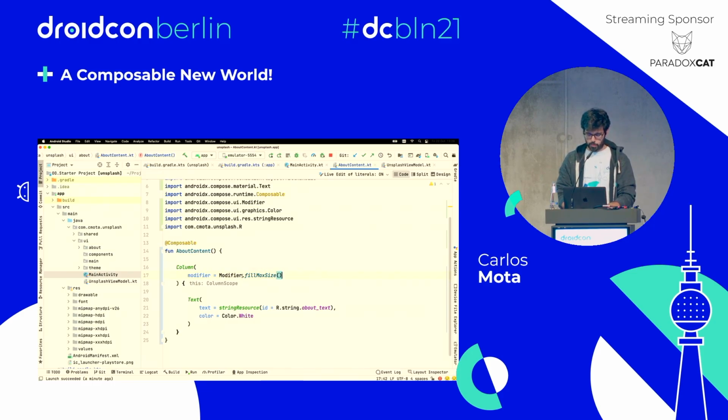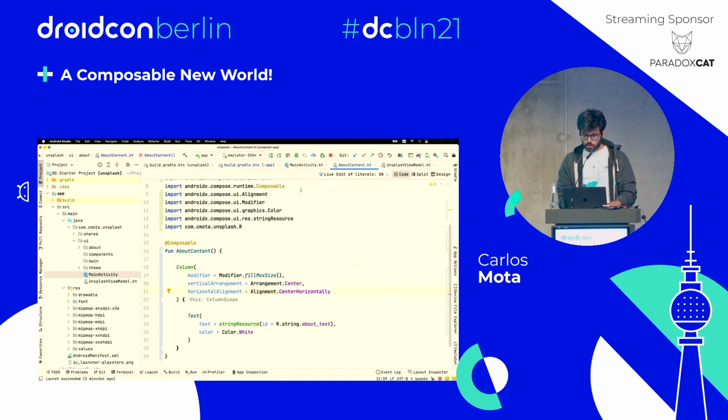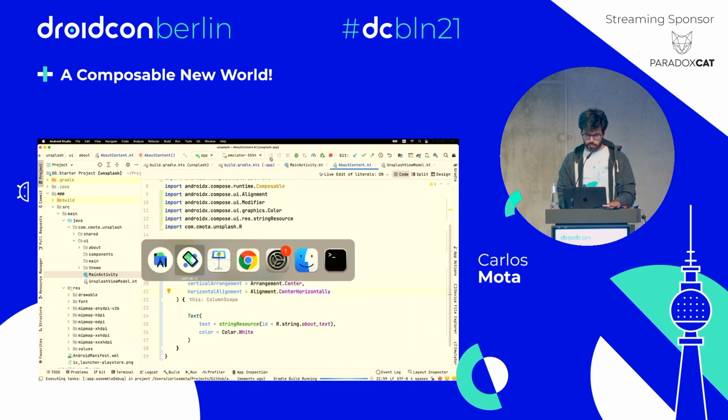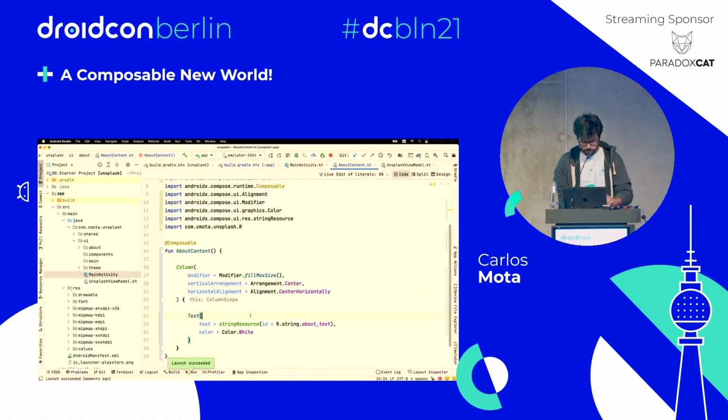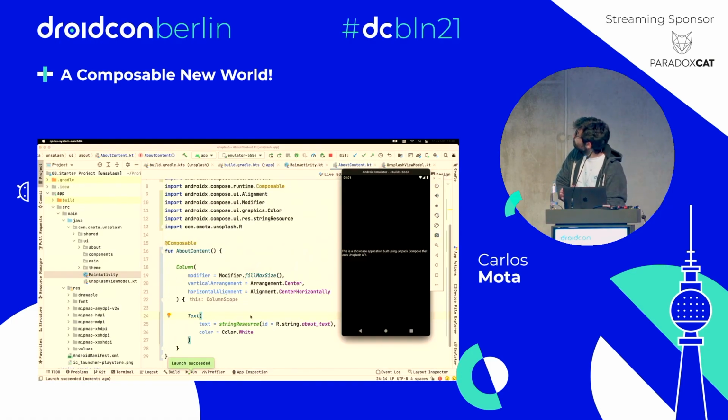And I want to do a couple more things. I want to center this text on the screen, so I'm also going to call vertical arrangement and say that I want this to be centered. And afterwards, I also want a horizontal alignment, and I'm going to say that I also want it to be centered. So if I'm doing things right, everything is going to be centered on the screen. Perfect.